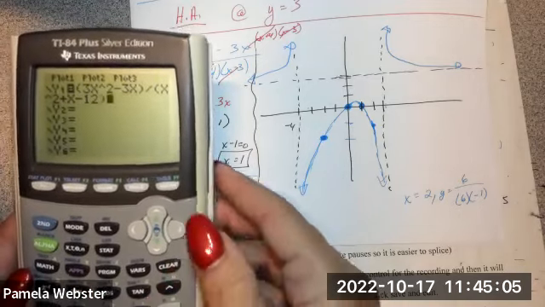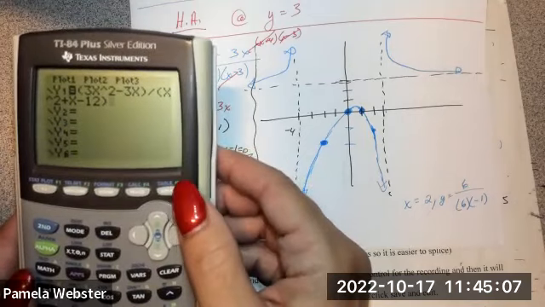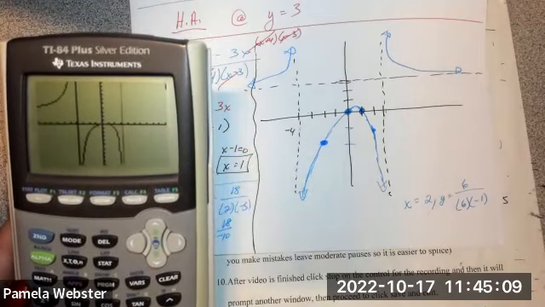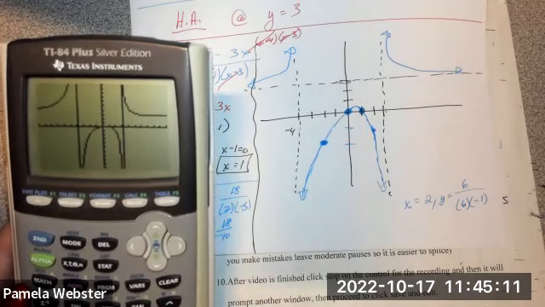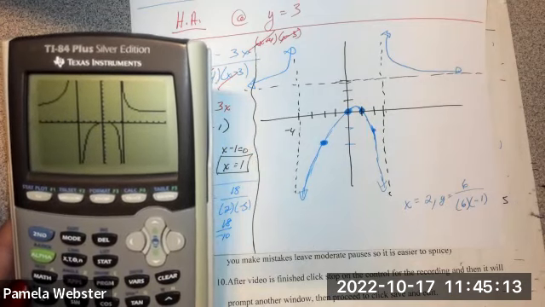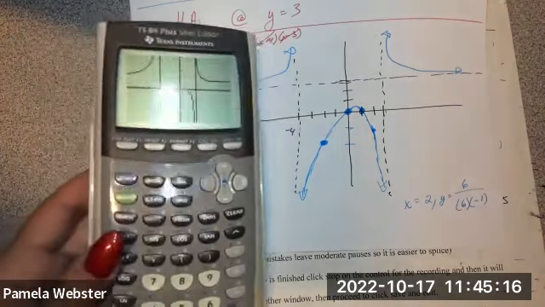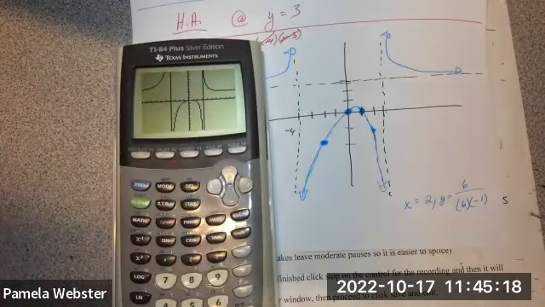Okay, there's that bottom. So graph that and see. Look at that. Perfect. It's just exactly what we thought it was going to be. I know their graph is prettier than my graph, but that is what it should look like. And that is awesome.